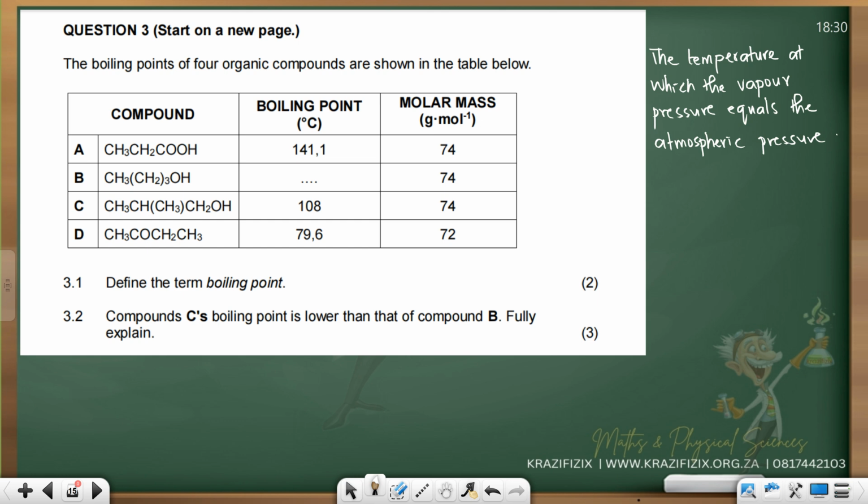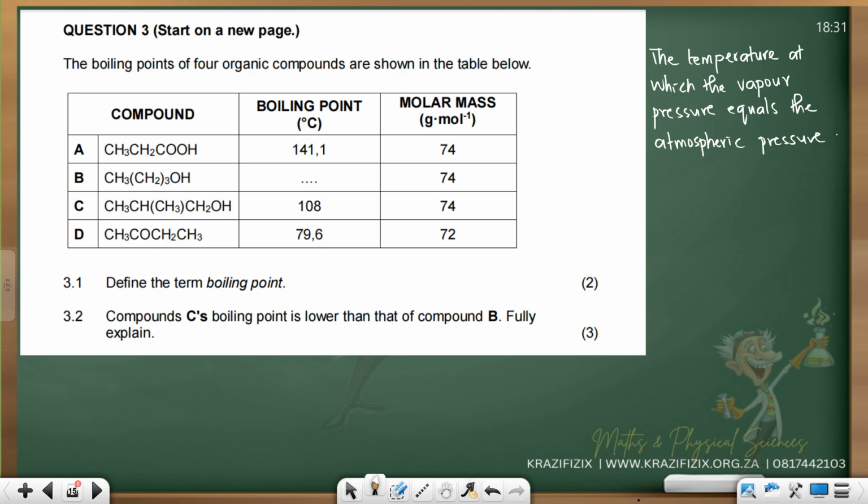Let's explore. Those of you at home, also explore. They said compound C has a lower boiling point, although they have the same molar mass. They actually have the same number of carbons and the same number of hydrogens. He's right, it's lower. That makes sense. Your surface area.